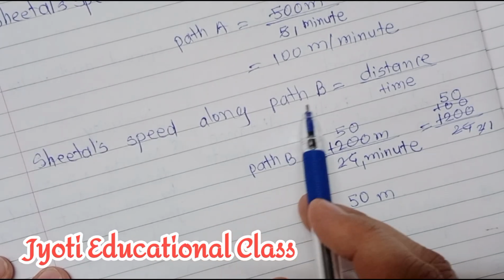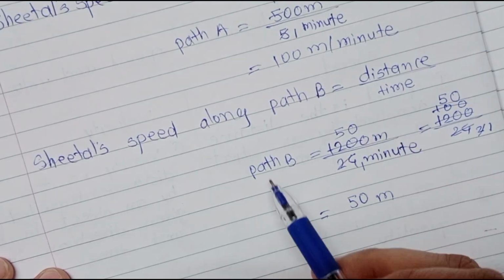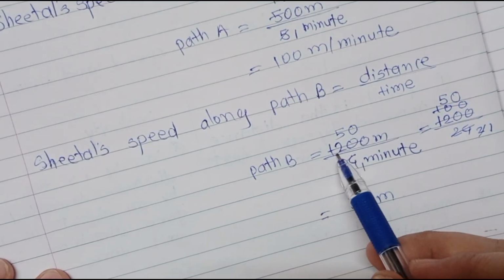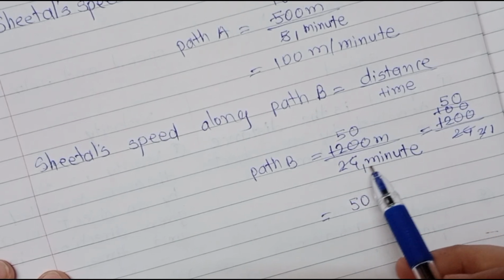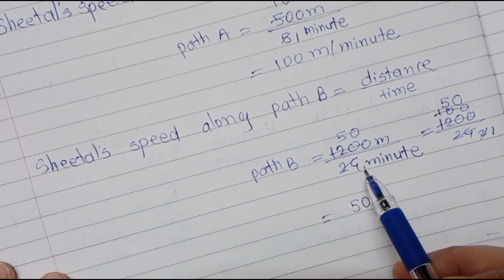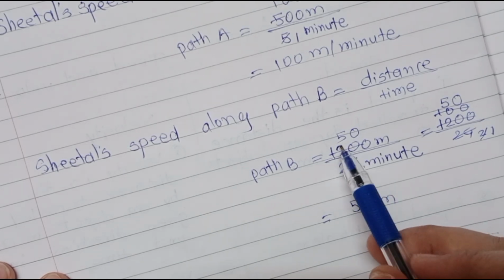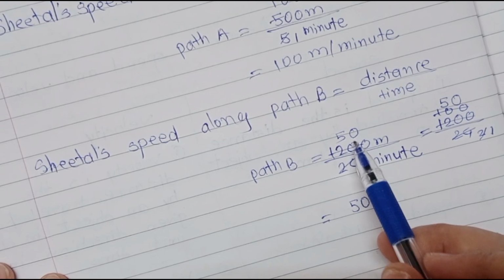Sheetal's speed along path B equals distance upon time. Path B equals 1200 meter and required time is 24 minutes. So 24 ones are 24, 24 fives are 120, and this 0 will come here as it is.